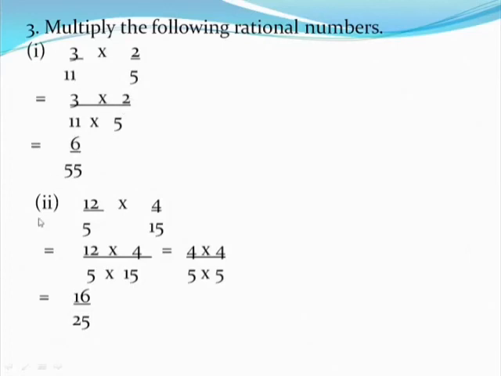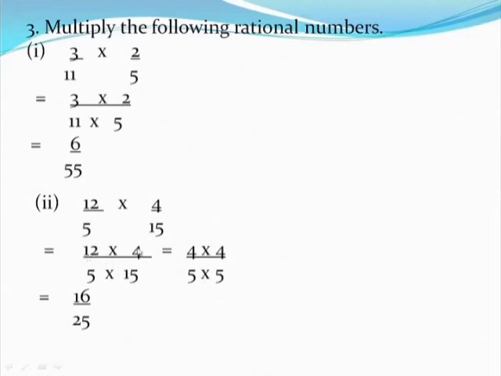Now example number 2, 12 upon 5 multiplied by 4 upon 15. Now children, here again we will multiply numerator with the numerator, that is 12 multiplied by 4, and denominator with the denominator, that is 5 multiplied by 15. Children, you have to keep in mind that here you cannot cancel 12 with 4. Reason?